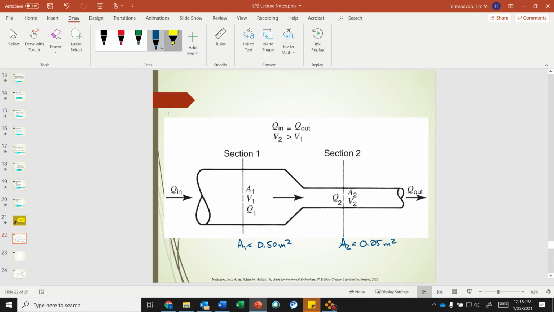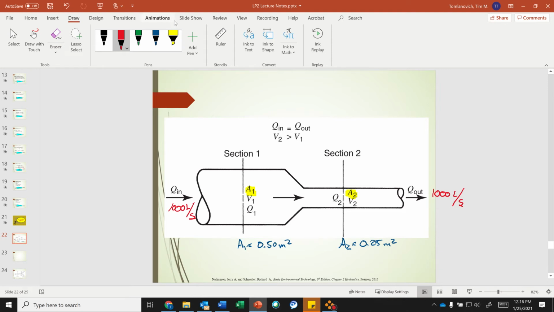So it gave us area 1 and area 2. For Q in equals 1,000 liters per second, determine the velocities at sections 1 and 2. So Q out has to equal 1,000 liters per second. So there's our problem set up.